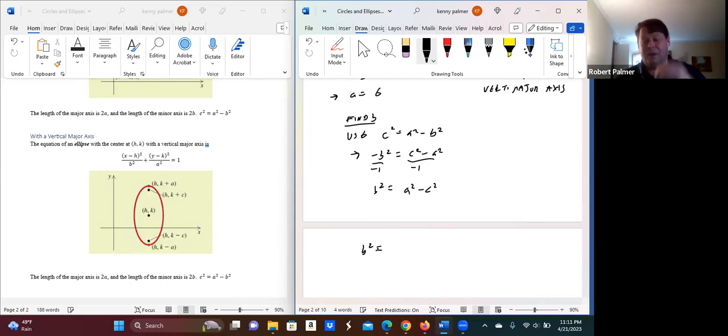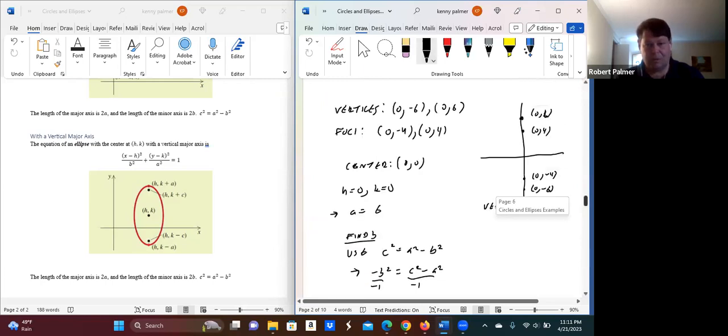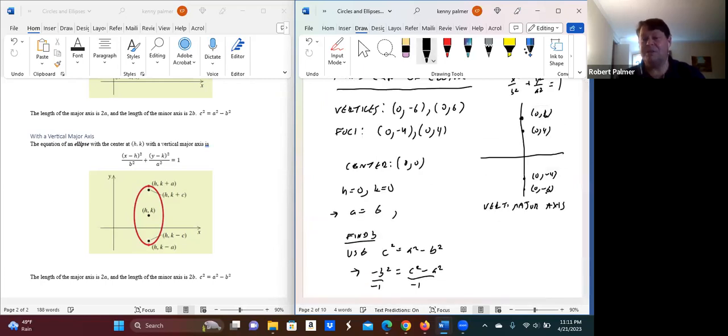Where B squared is equal to A squared minus C squared. We said that A is 6. I also didn't say what C was. We get C from our foci. The equations for the foci, once again, our H is 0.